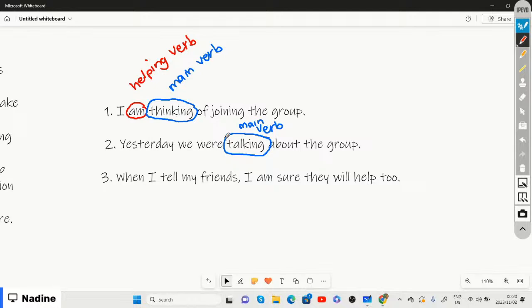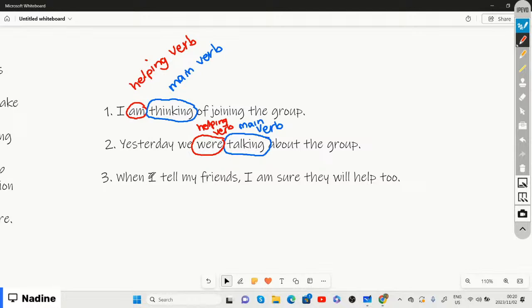Yes, so then the helping verb will be were, right? So were is our helping verb. So were is a helping verb that helps the main verb to show the action. So well done.